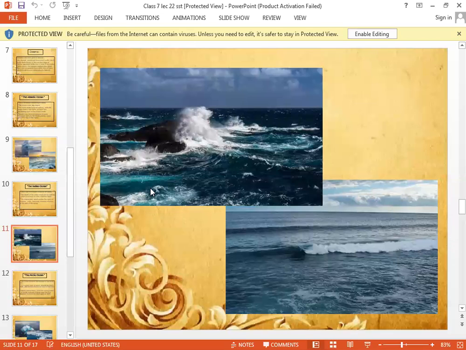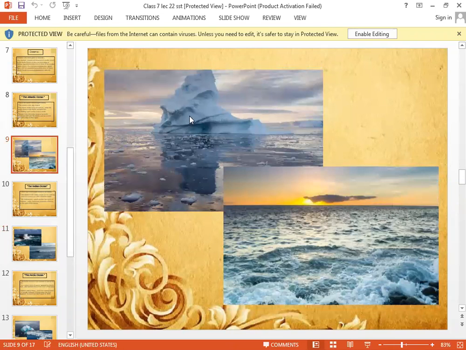As I told you, the interesting fact of the Pacific Ocean is that the deepest point of the Pacific Ocean is near the Philippines, and it is the deepest point of any ocean of the world. Same like this, here are some rocky regions in this sea, and you can see that in the Atlantic Ocean there are glaciers.